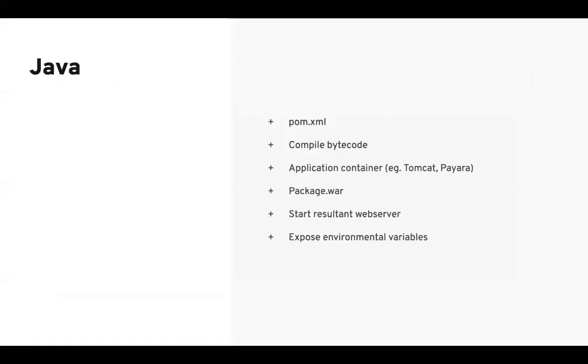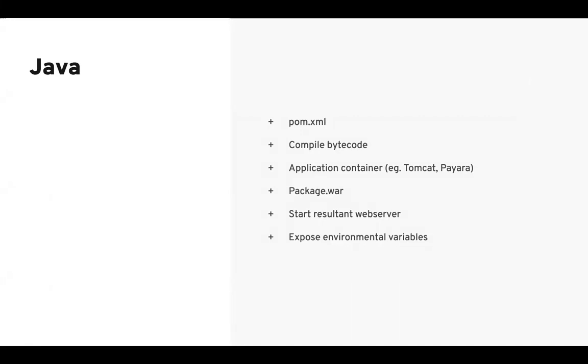Let's compare that to Java. For Java, you typically would use Maven or maybe Gradle to compile and package your code. You put the description for all of that in a POM XML file that gets compiled to bytecode. Other languages can also compile to bytecode, and that bytecode can be run in a number of containers.